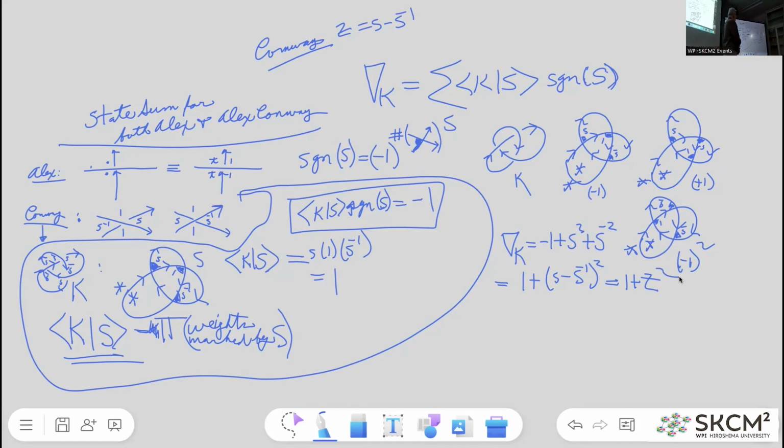Okay, so that's the algorithm. And then there would be many exercises to do to understand that this is working. You would want to prove that it's invariant under the Reidemeister rules. But the combinatorics is set up in such a way that that won't be too hard to do, actually.